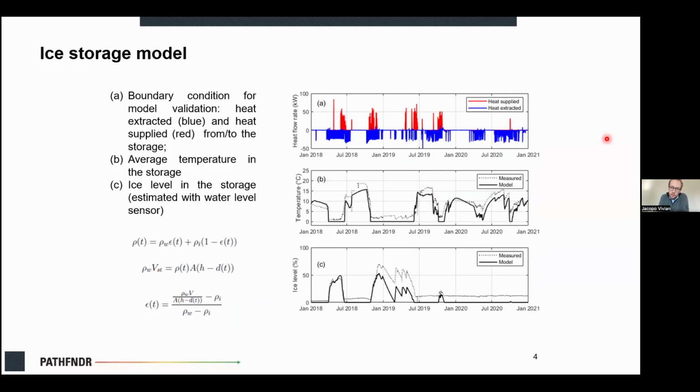This is a comparison between the measurements of the ice storage during 3 years of operation on the Nest building.